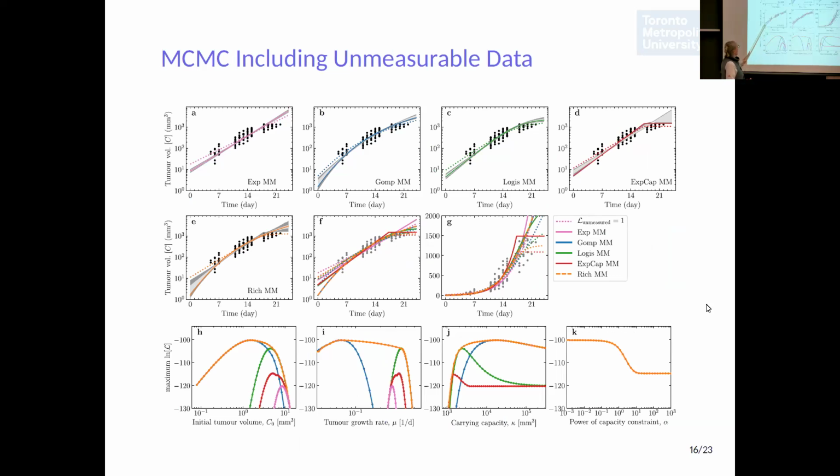Basically, we now have lower predictions, smaller predicted tumor sizes at early times, and larger predicted tumors at later times. The dotted lines are the old method where we didn't account for unmeasurable data, and our new predictions are accounting for the fact that we couldn't measure it. And we know it's there, it's just too small, right? So I think everybody can agree these are better fits because we know that they're there, we just can't measure them.